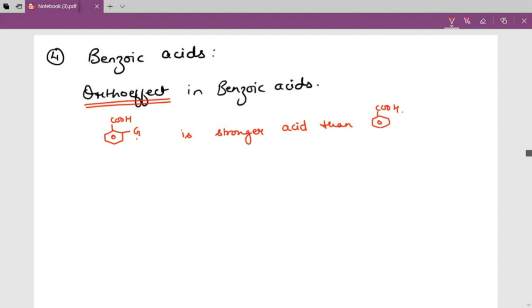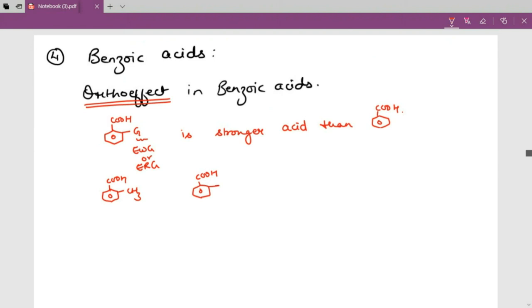Correct? Even if this G is an EWG or an electron releasing group, as a rule, if there is any group present at the ortho position to COOH, then it increases its acidity as compared to benzoic acid. The basic reason for this is steric. Presence of G at this position pushes COOH out of the plane of the ring.